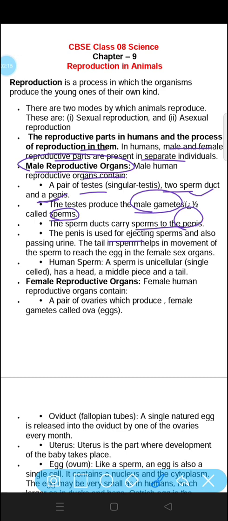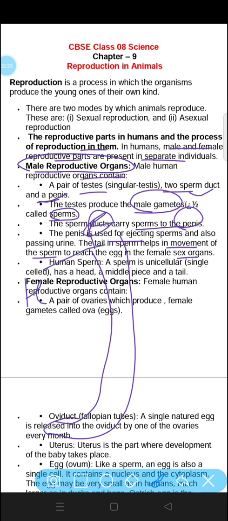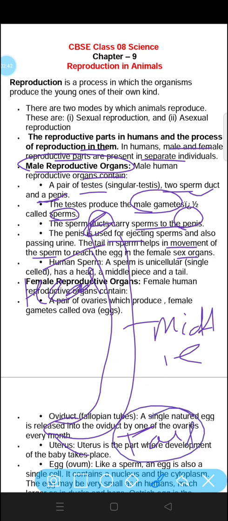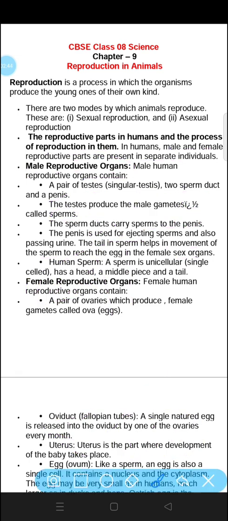of the penis. The tail of the sperm helps in its movement to reach the egg in the female sex organ.